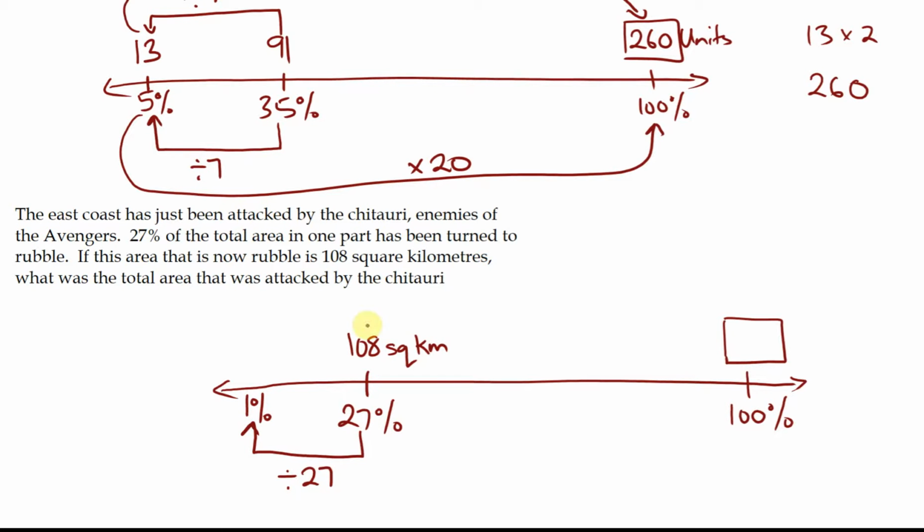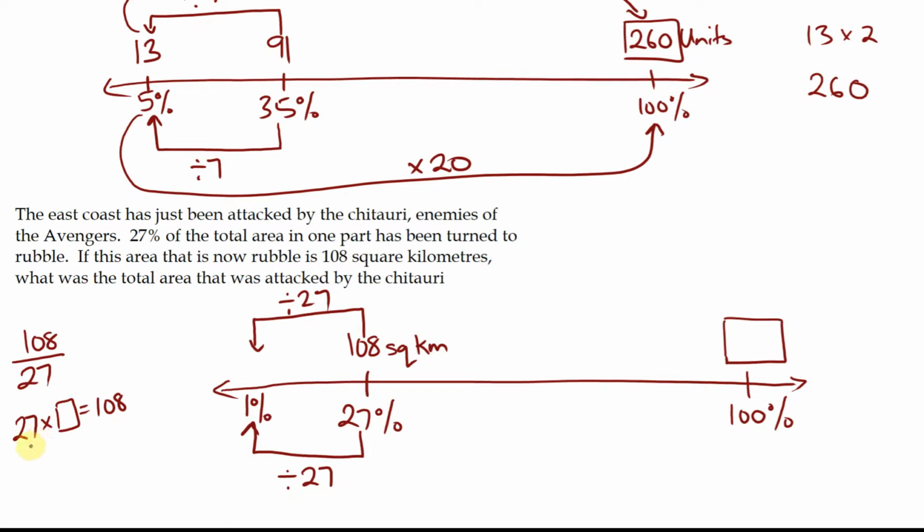And I'm also going to do the same to 108. I'm hoping that 108 is divisible by 27. So I'm looking at 108 divided by 27, which I can work out as 27 times what will give me 108.